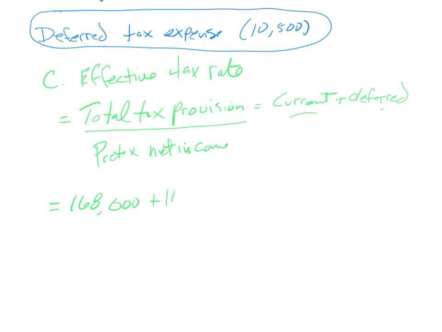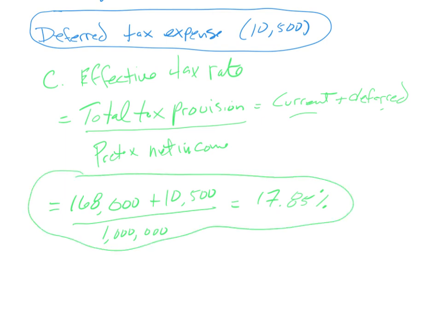Part B is $10,500, over $1 million. And that is going to give you 17.85%. That is their effective tax rate, not their statutory tax rate, but their effective tax rate.